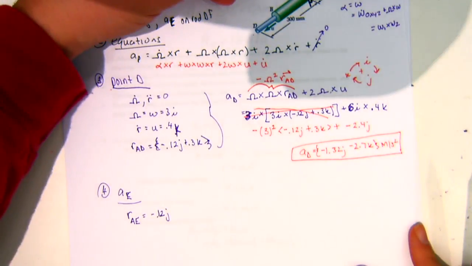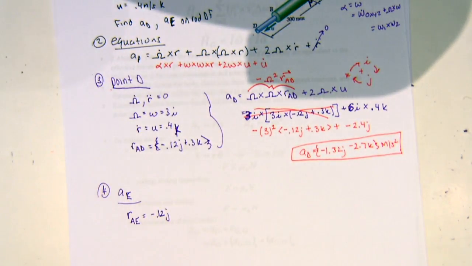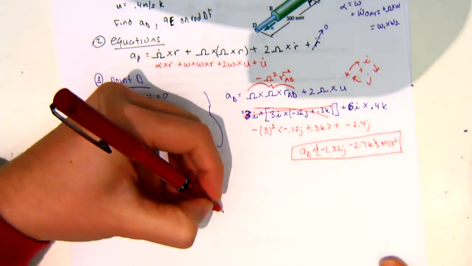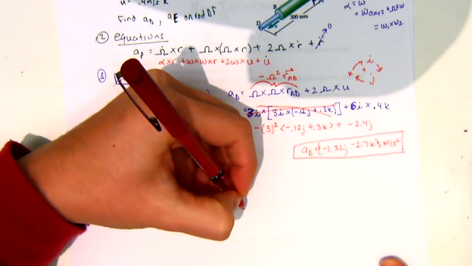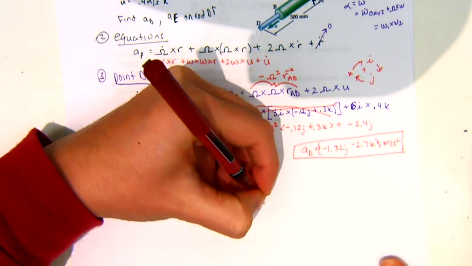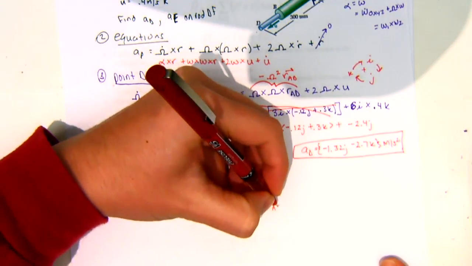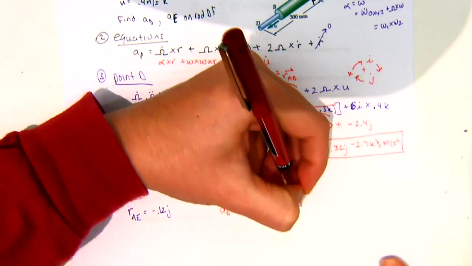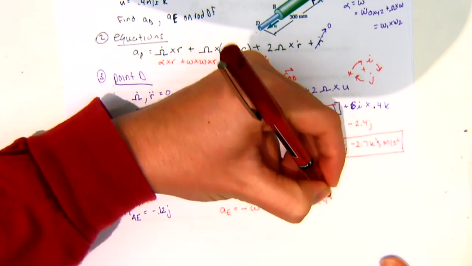So we're just going down from A to point E. Is everyone okay with this? So our equation is going to look identical, except for the R value. So we get A_E is equal to negative omega squared times R_AE, and then we have plus our 6I cross 0.4K.